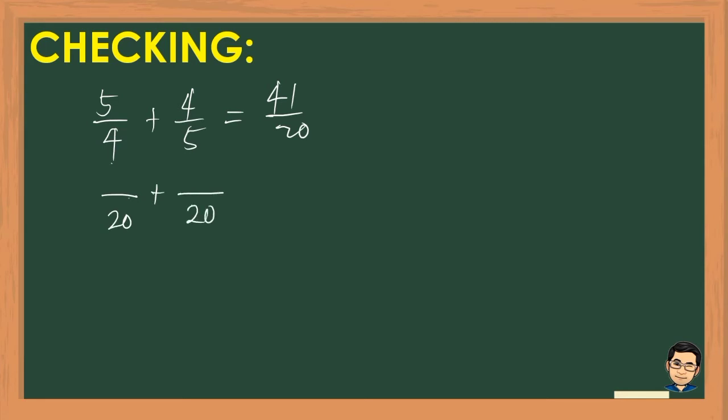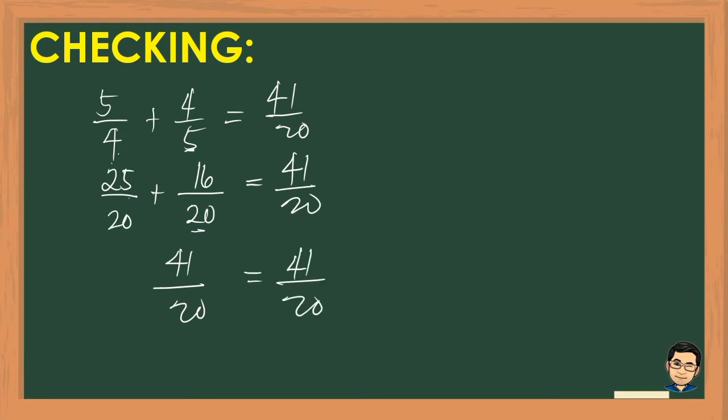So, 20 divided by 4, that is 5 times 5, 25. 20 divided by 5, that is 4 times 4, 16, equals 41 over 20. So 25 plus 16, that is 41 over 20.